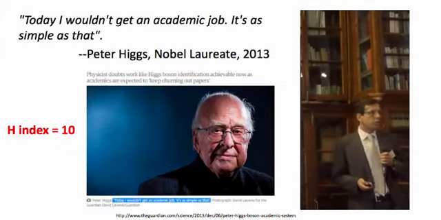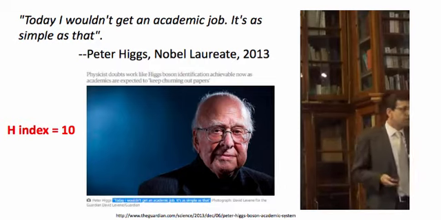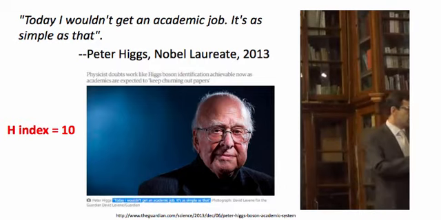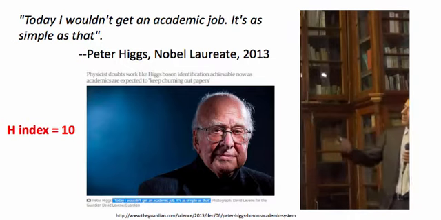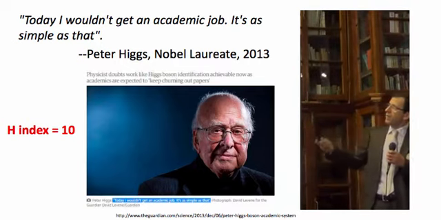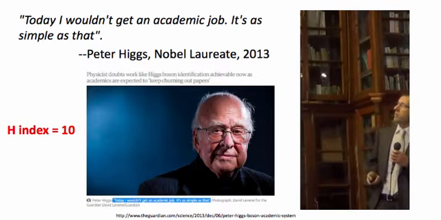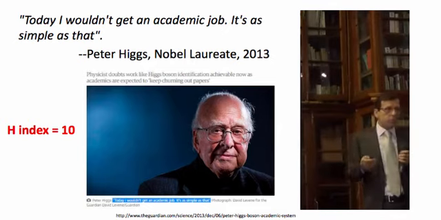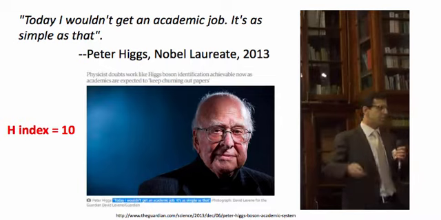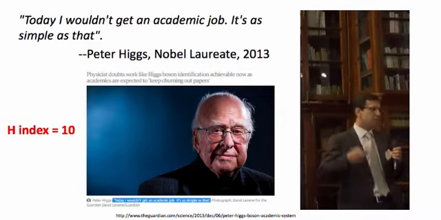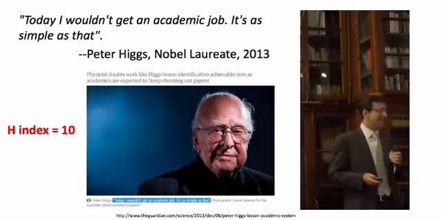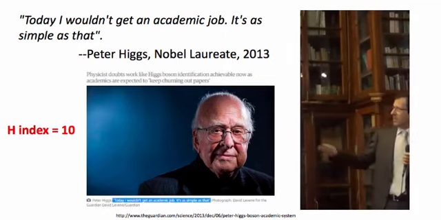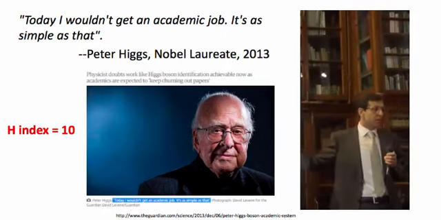This guy, as you know, got the Nobel Prize 2 years ago, as Tatiana also mentioned yesterday. He says that today I wouldn't get an academic job. It's as simple as that, because currently academics are asked to simply churn out papers. How many of them? The more the merrier, as they say in the US. I checked his H-index, which is 10.